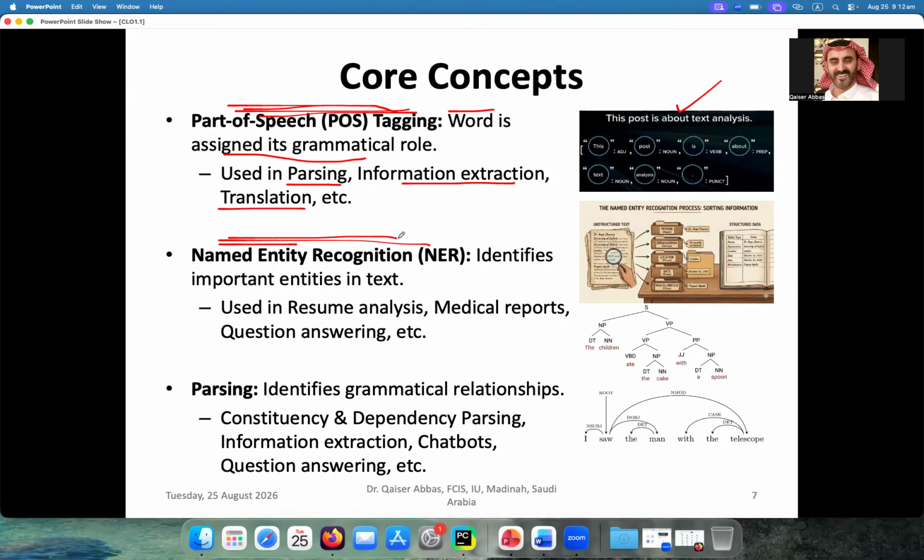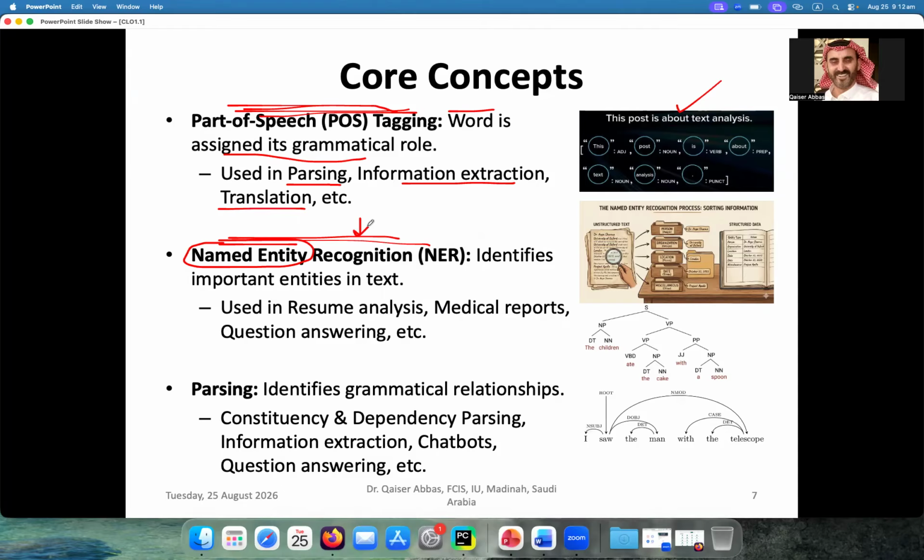Anyhow, now named entity recognition. You have to recognize or identify named entities from your text. The words which have a concept of a name, either a simple noun or a proper noun, meaning the name of some person, name of some location, or name of anything important.